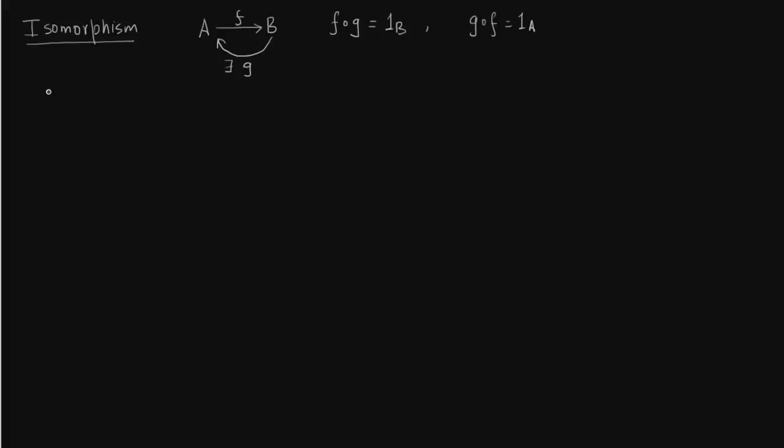Second is monomorphism. So an arrow F from A to B is a monomorphism if for any, notice the word any, if for any G, H, and these G, H are nothing but arrows from some C to A. So let us write this down. We are trying to say when this F, an arrow from A to B, is a monomorphism.